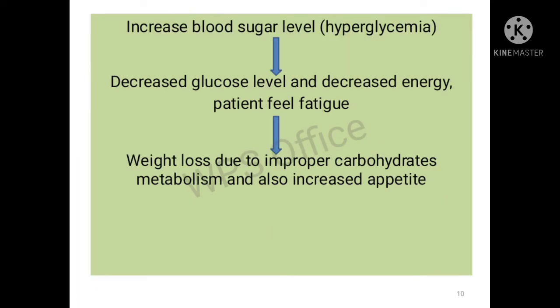Then there will be increased blood sugar level or hyperglycemia, with decreased glucose utilization and decreased energy. The patient may feel fatigue. Weight loss will be there due to improper carbohydrate metabolism, and also increased appetite.